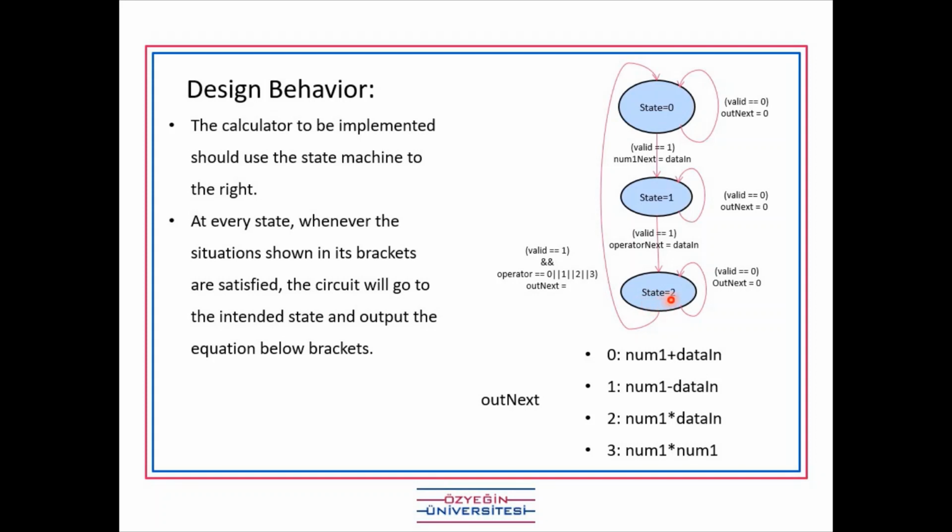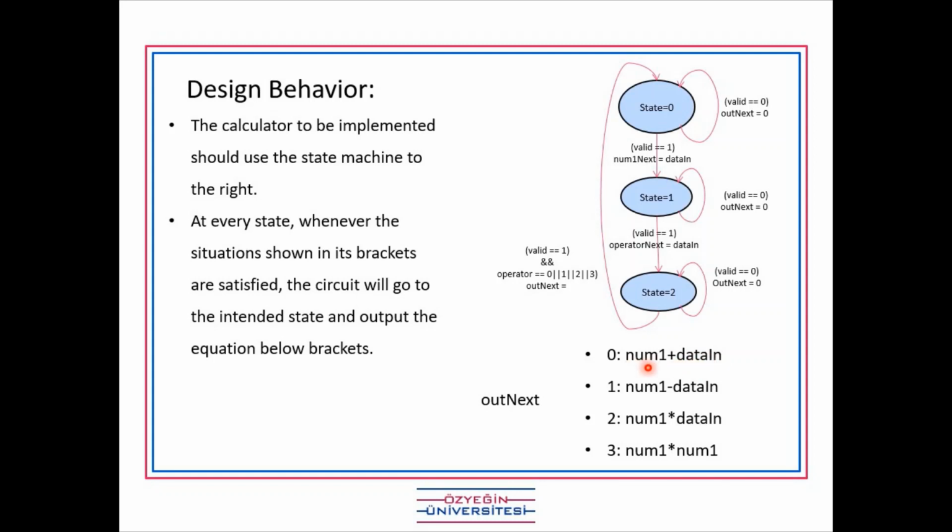But state 2 is the third state: first, second, third. At this stage, if valid is pressed, then we look at the operator value that we have already saved in the previous state. If the operator is 0, we do this operation, and out next will be num1 plus data in. Data in is the second value that we have. This is just from data in, you don't touch it.